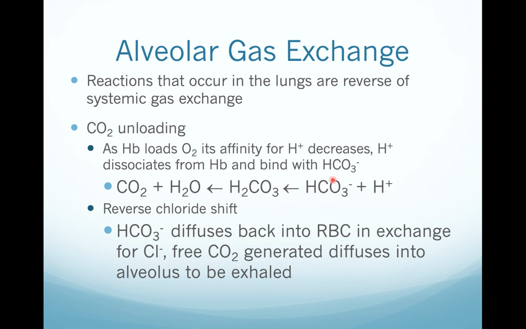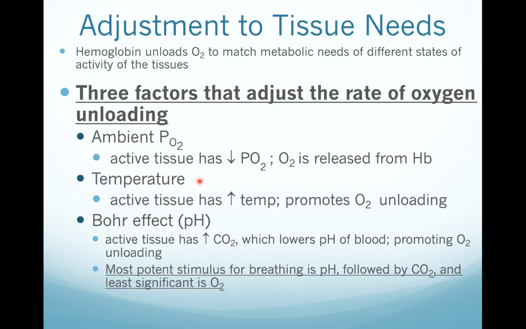Eventually, when it gets back into the lungs, it takes protons and bicarbonate, converts them back into carbonic acid, then breaks it down into water and CO2. The water stays in the blood because, of course, you need water in the plasma, and CO2 gets breathed out. This is just a little review of what happens once that carbon dioxide gets back to the lungs.